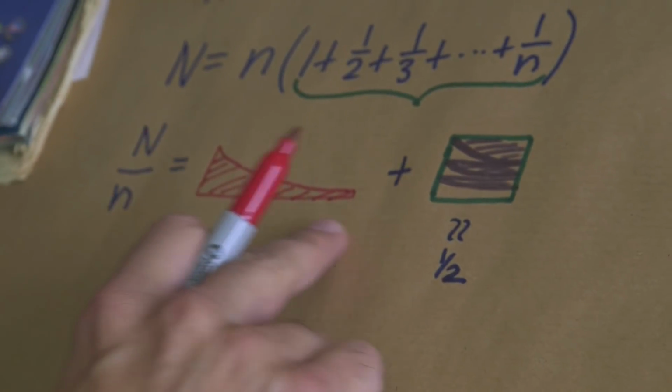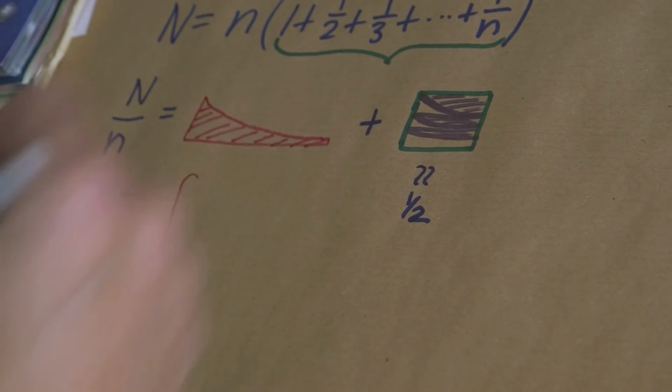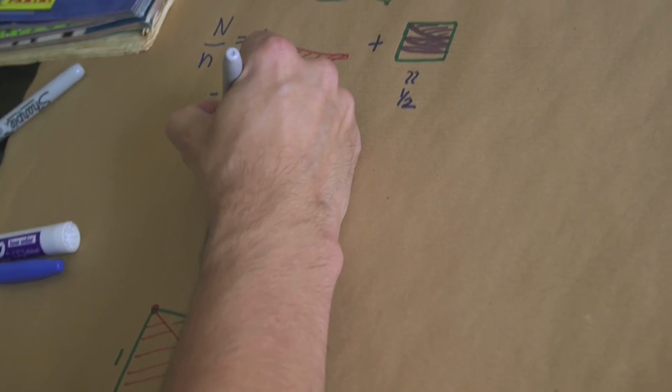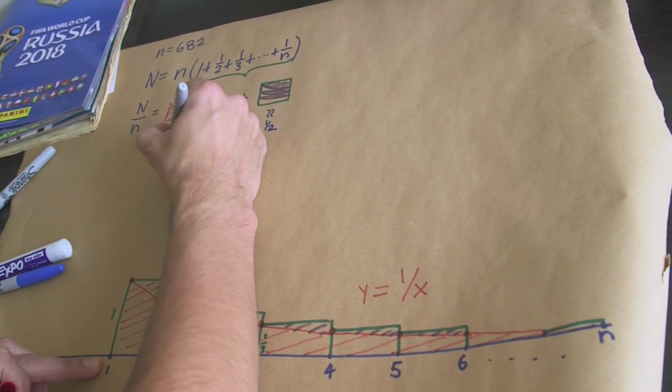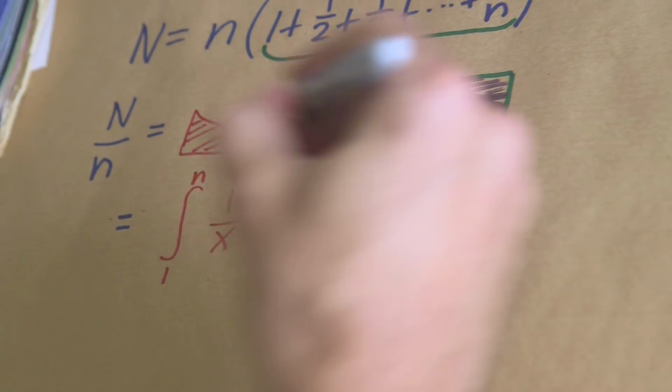If you're familiar with this, you know what to do. And if you're not familiar, I'm just going to write the expression and assure you that this is something that you would do in a calculus class. So the area under this curve is basically going to be the integral starting at 1, ending at n, of the function 1 over x.